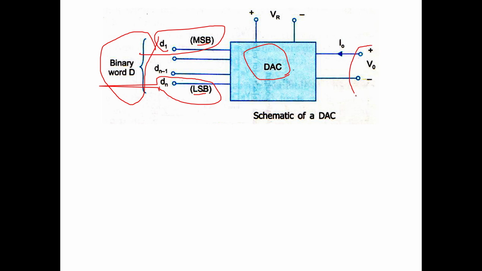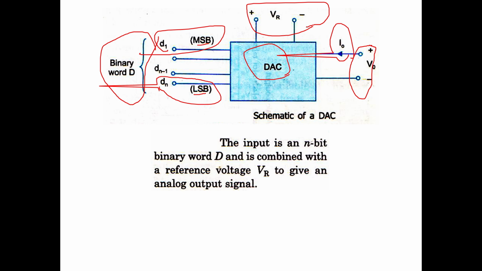This is the output signal, output voltage and output current, and VR is the reference signal. The input is an n-bit binary word D, which is combined with the reference voltage VR to give an analog output signal.